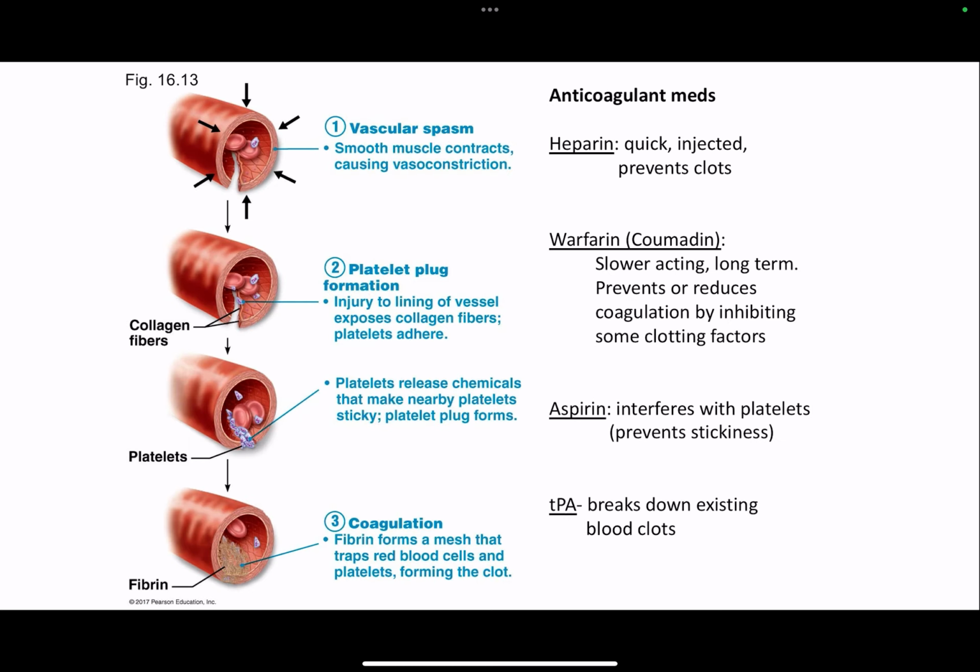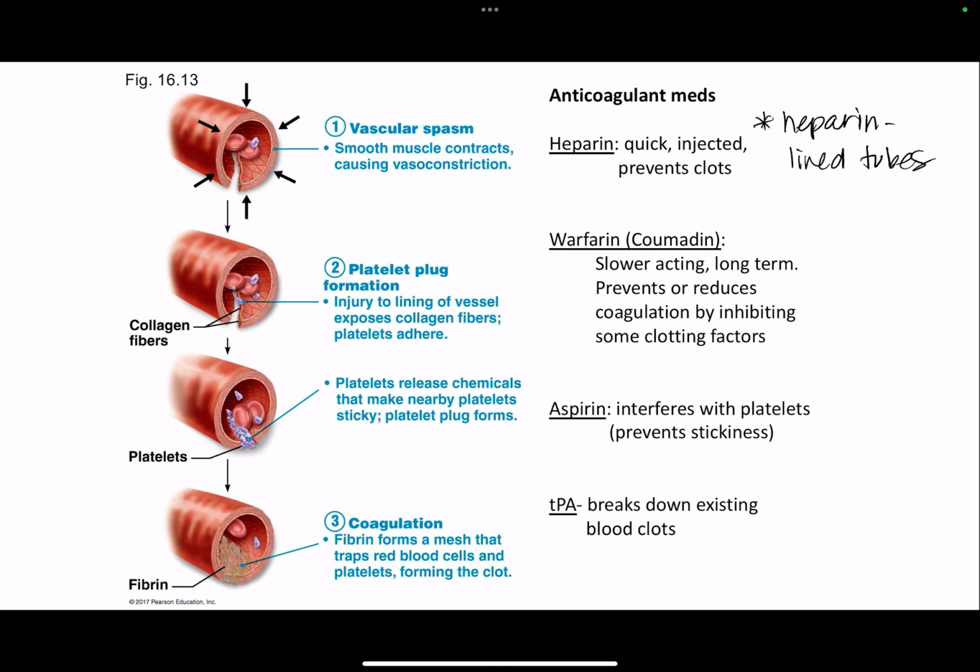Okay. So some anticoagulation meds. Heparin is quick. It can be injected. It prevents clots. What we're going to talk about a little bit later today is that we have test tubes for blood samples that are lined with heparin.